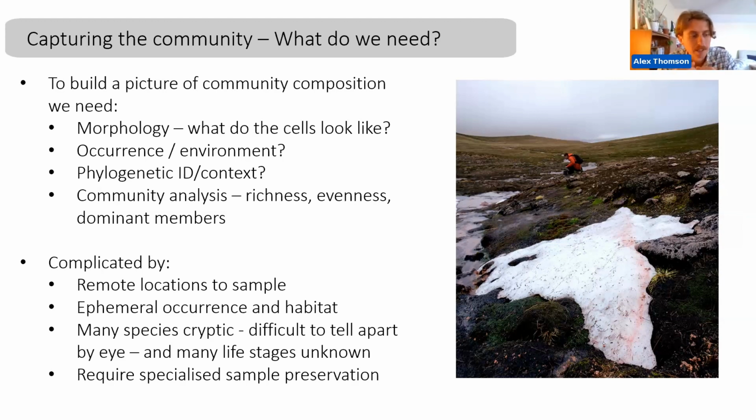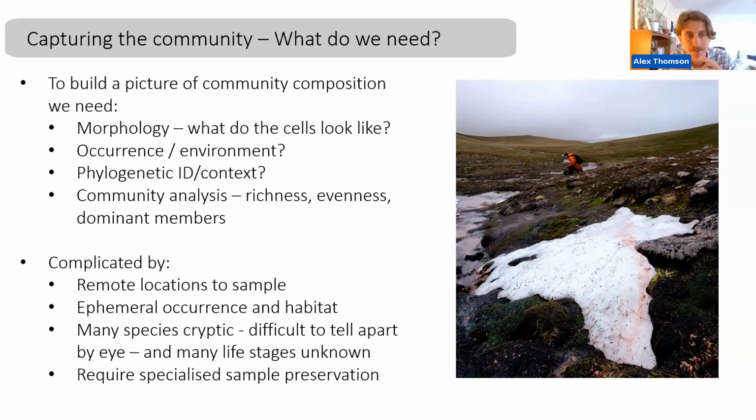And then beyond that, what's very useful to have is some idea of the phylogenetic identity of the organism. So where does it sit in an evolutionary context and relative to other organisms that are perhaps better understood? If you're able to place it in terms of its phylogeny, you're perhaps able to gather some more insight into the ecology or the ecophysiology of the organism from related species.